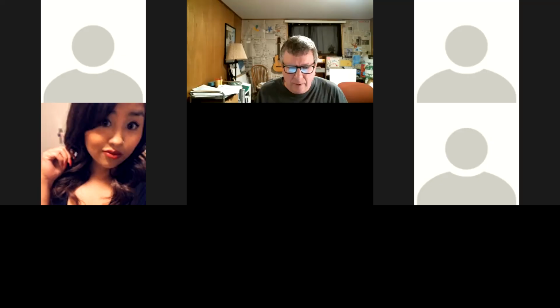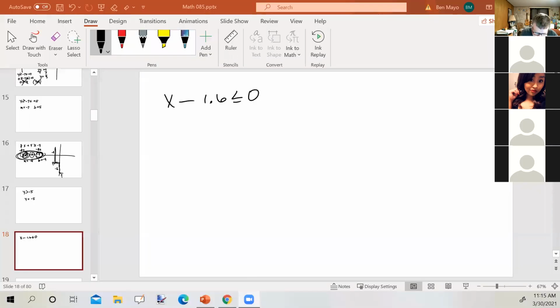This inequality doesn't have y in it. So let's look at x minus 1.6 equals 0. If I add 1.6 to both sides, I get x equals 1.6. That's a vertical line going through x's 1.6.